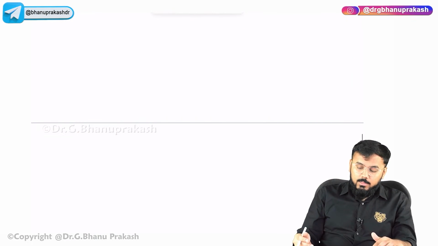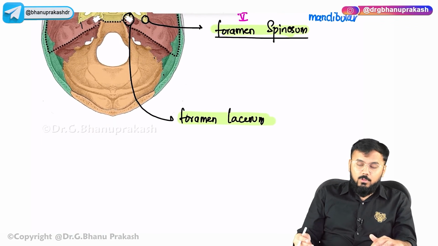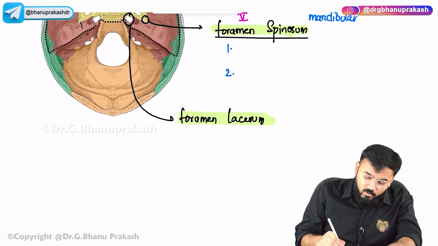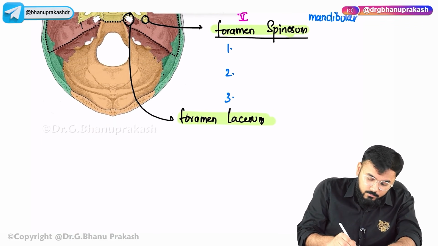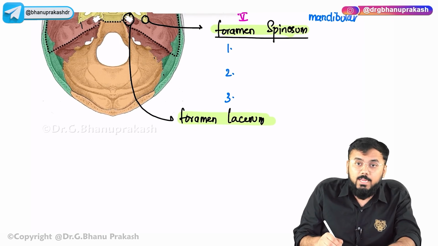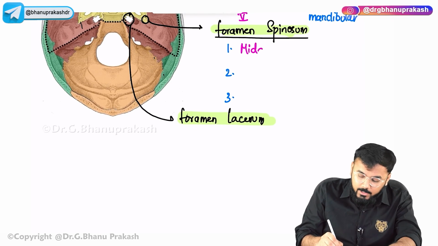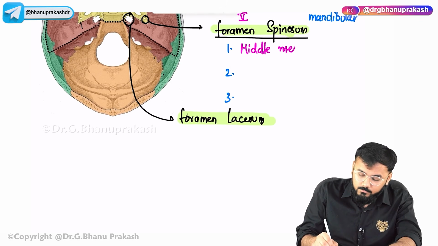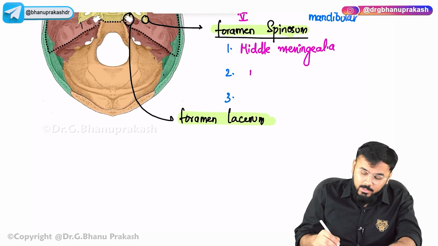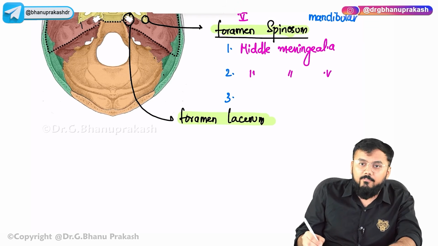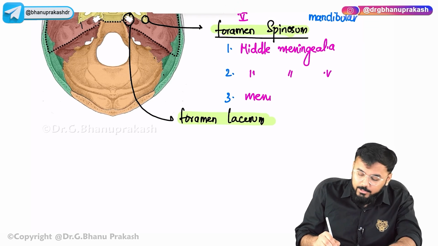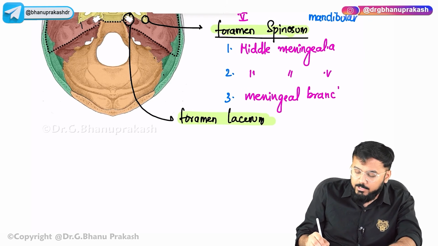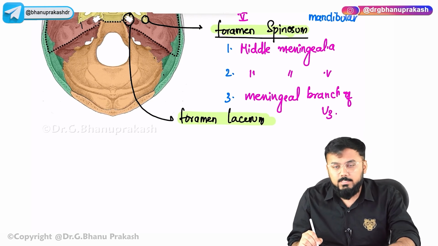Remember M, 1, 2, 3. M stands for middle meningeal artery. Next, middle meningeal vein. Next, meningeal branch of V3. These are the 3 things.